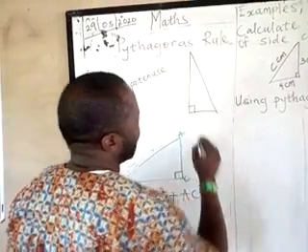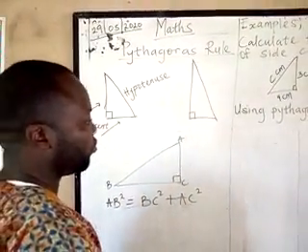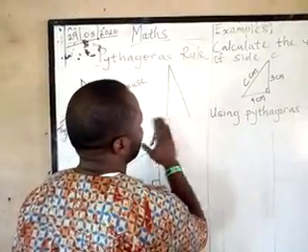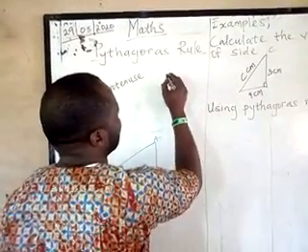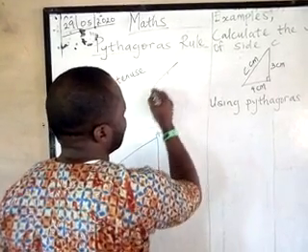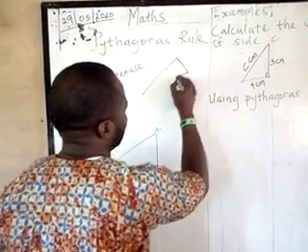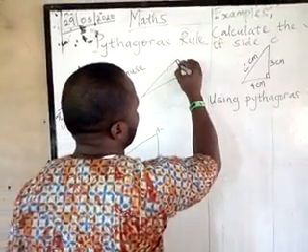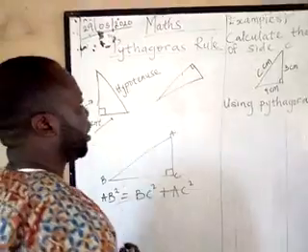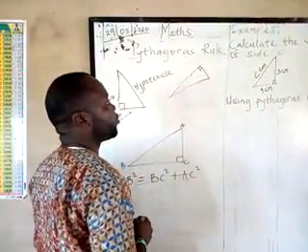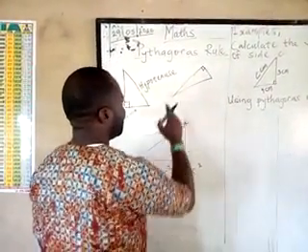This is a right-angled triangle. It can also be like this, depending. An angle that is equal to 90 degrees.